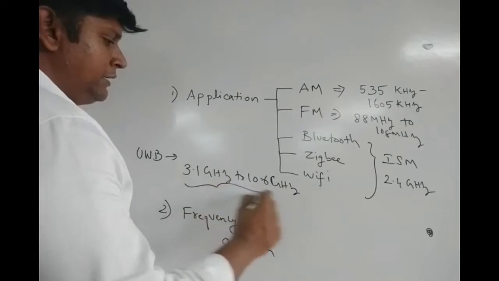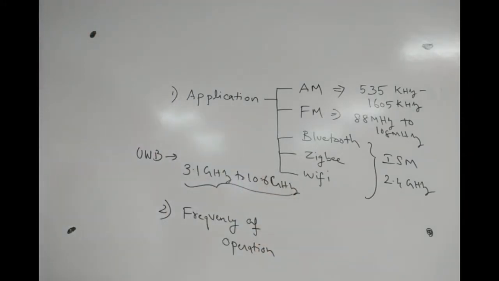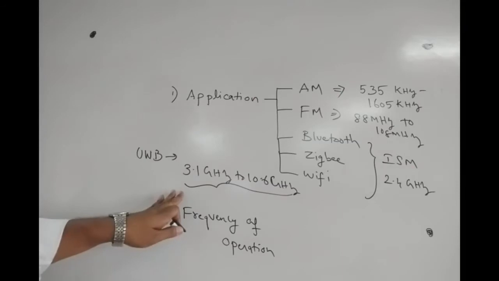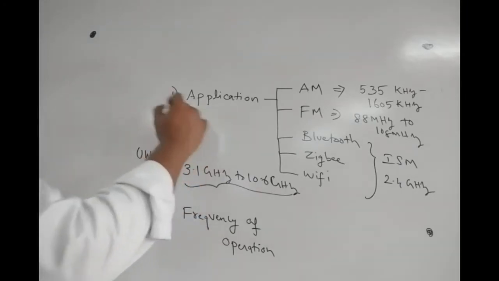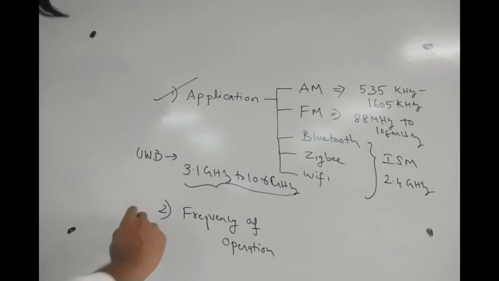For the entire frequency range, my antenna should resonate. In the sense, my antenna should be capable of transmitting as well as receiving for the frequency range from 3.1 gigahertz to 10.6 gigahertz. So before going to the design, I should be very clear with the application and the frequency of operation.